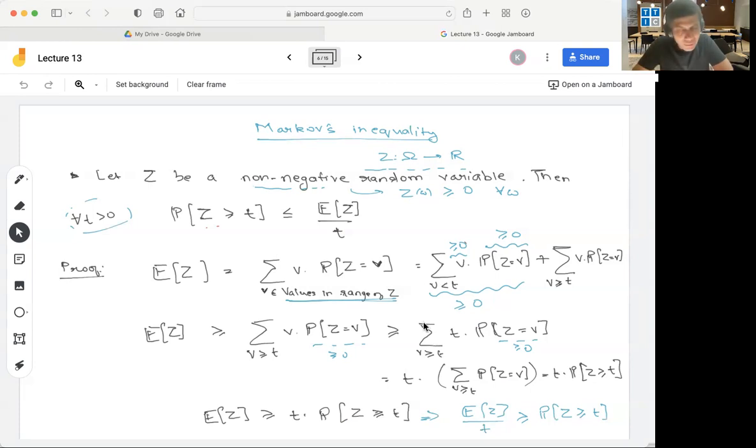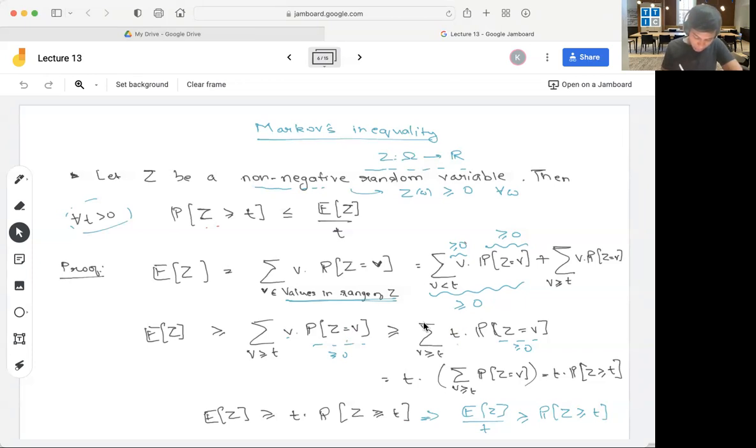Really quickly on the second to last line, how can we replace V with t? We are just saying that, look at each of these expressions. We have V times some probability, and I'm claiming that it's greater than or equal to t times some probability because V is greater than or equal to t.